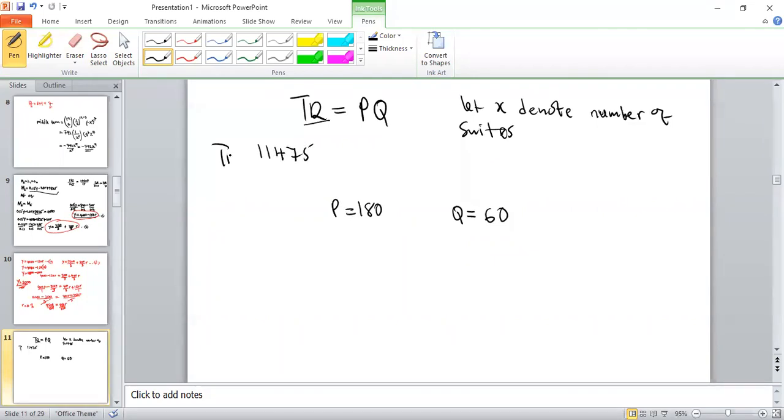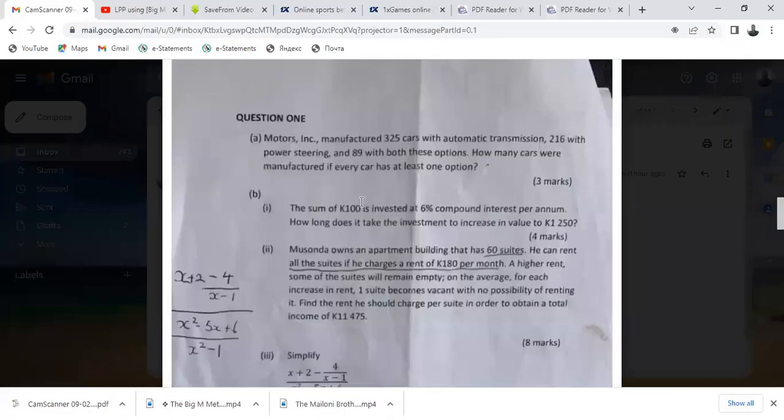That is the intended total revenue, because the question says to find the rent we should charge per suite in order to obtain this total income.